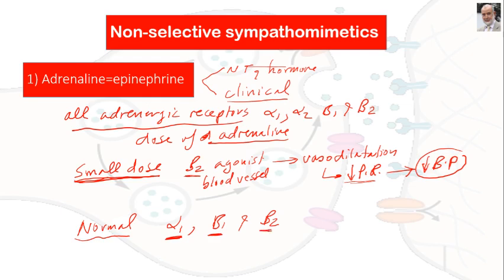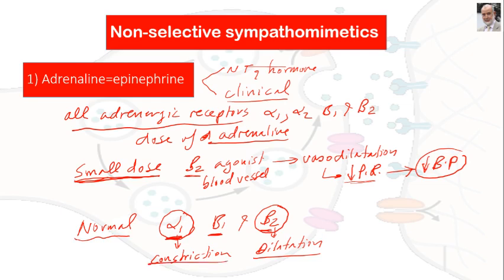So what do you think will happen to the blood pressure in this case? Because we know that alpha-1 on blood vessel and beta-2 on blood vessel have the opposite action. Alpha-1 produces constriction of blood vessel, as we have explained many times, while beta-2 produces dilatation of blood vessels. So what will happen in this case?